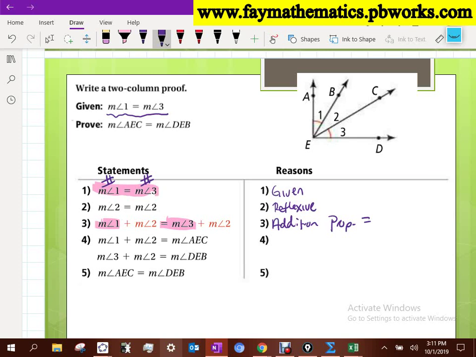Okay. And now this next step, statement 4, would align itself with step 5 on that handout that I gave you, where you have to look at your picture. You have to look at your picture, and if we got angles in our picture, chances are we want to use angle addition. So I want to look at those 2 angles right there. Would you agree that 1 plus 2 is that statement right there? If I look at 1 plus 2, does that give me angle AEC? Okay.